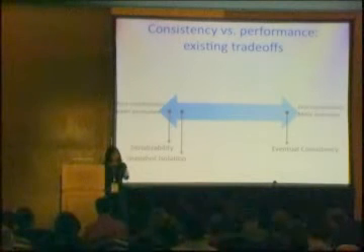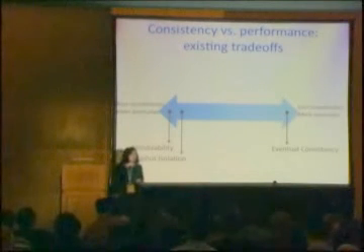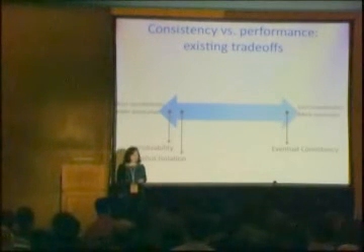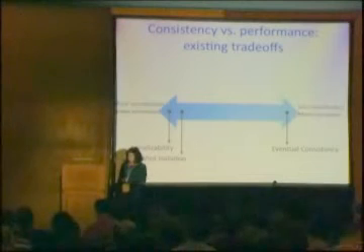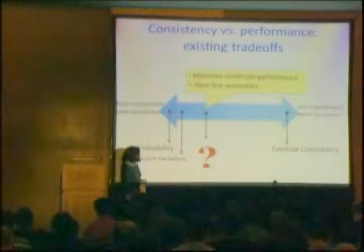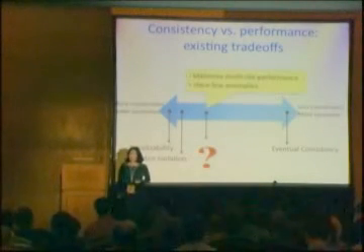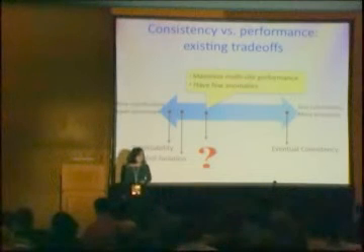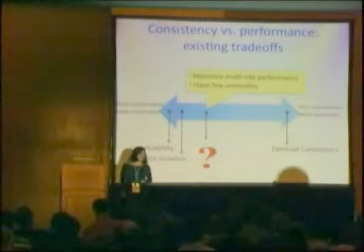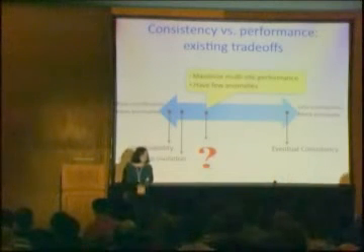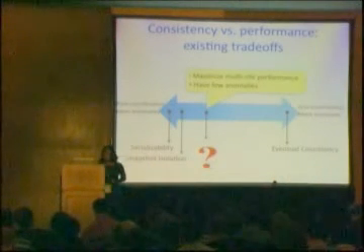But in fact, we have found no weak semantics for transactions in the database literature that will make sense in a multi-site setting. So we take it upon ourselves to find a new semantics that can have good multi-site performance and support asynchronous replication and have few anomalies. So it will then still be useful to application programmers.